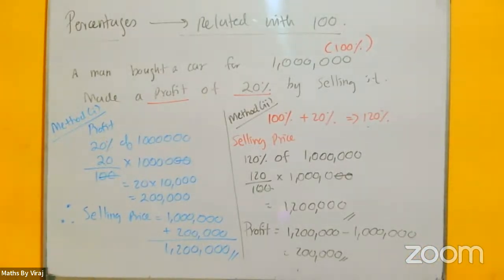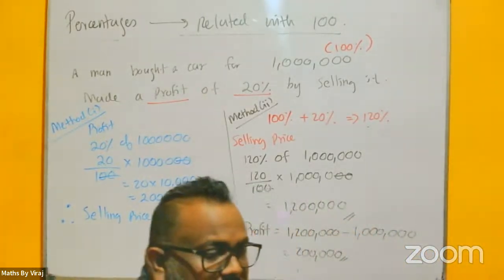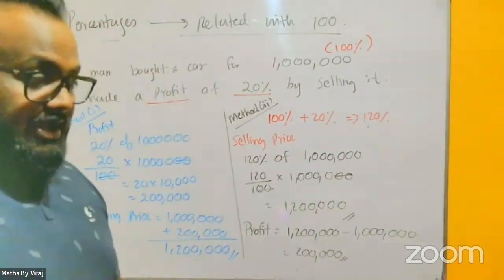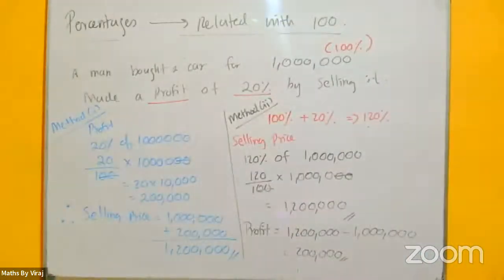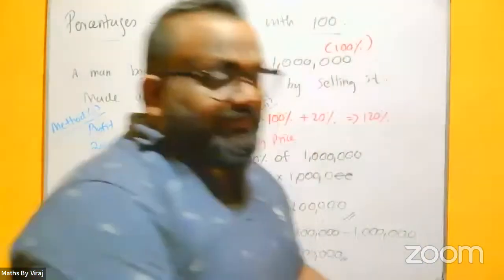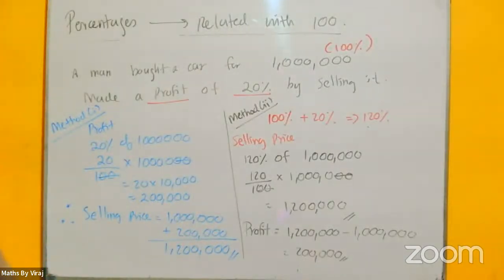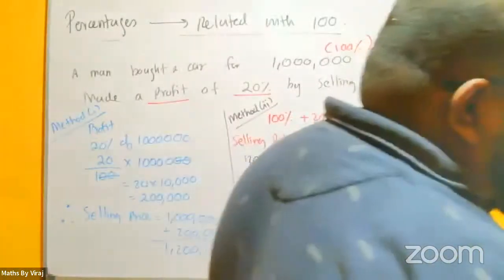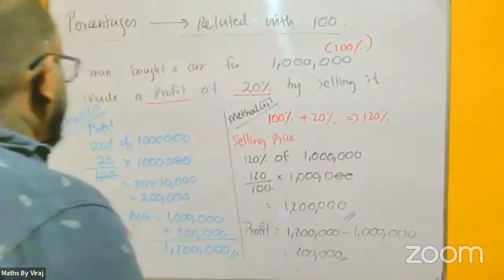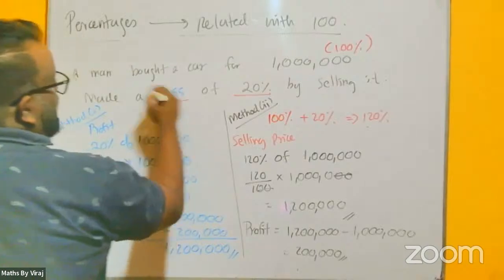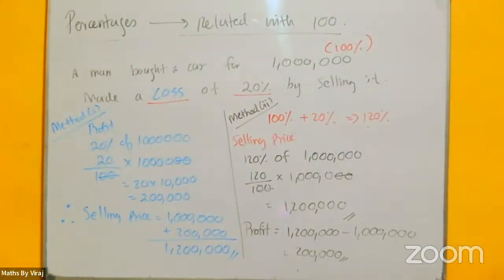Now, look at this. Always the percentage is calculated based on something that is there. Right. Now, just to do it the other way around as well, because we'll be learning reducing balance as well. So, it's better that you know the simple arithmetic. Made a loss of 20% by selling it.